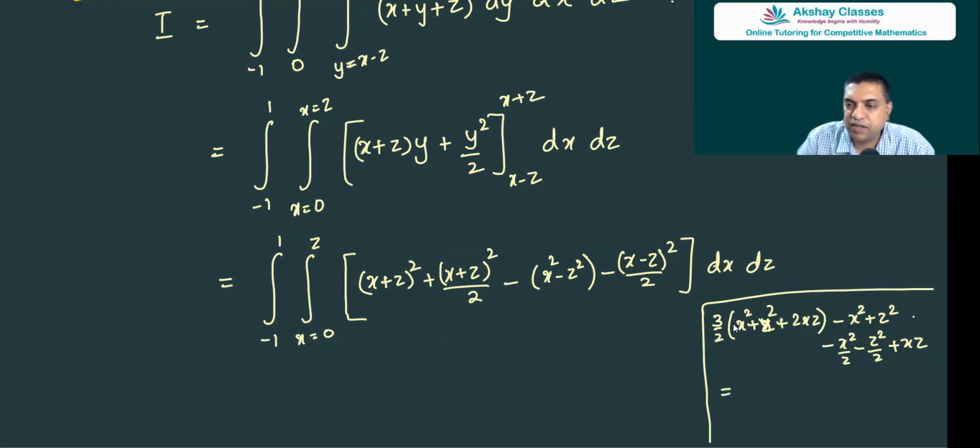So we have 3 by 2 x square minus x square by 2. So this is minus 3 by 2 x square. So that cancels. That becomes 0 x square plus, let's see z square term, 3 by 2 z square minus z square by 2. That will give us 3 by 2 minus 1 by 2 will give us 1. So 1 plus z square. So I'll get 2z square.